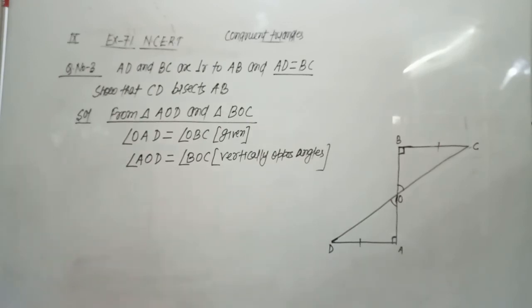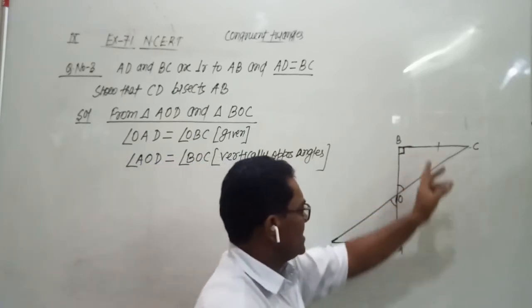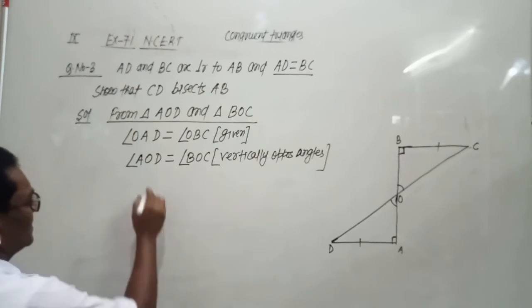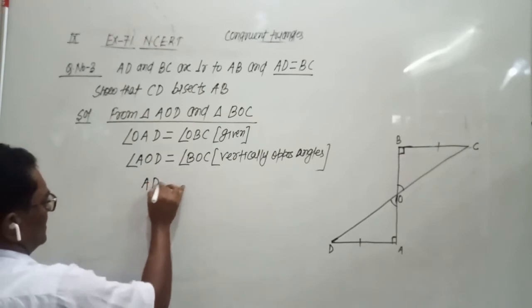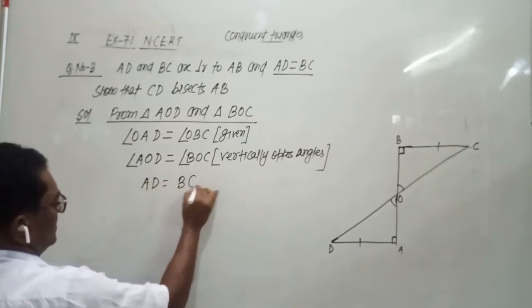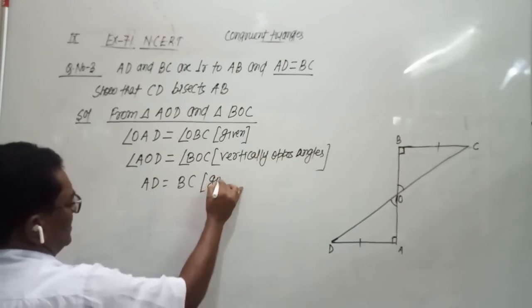And we are given the third side, AD equals BC. Given equal sides.